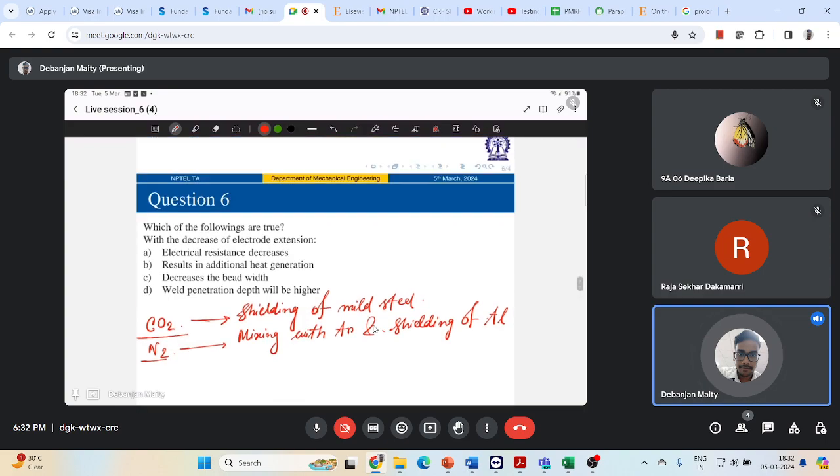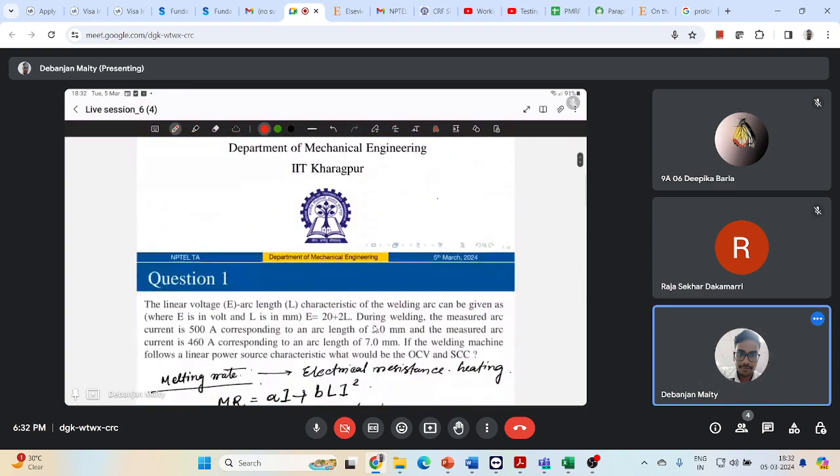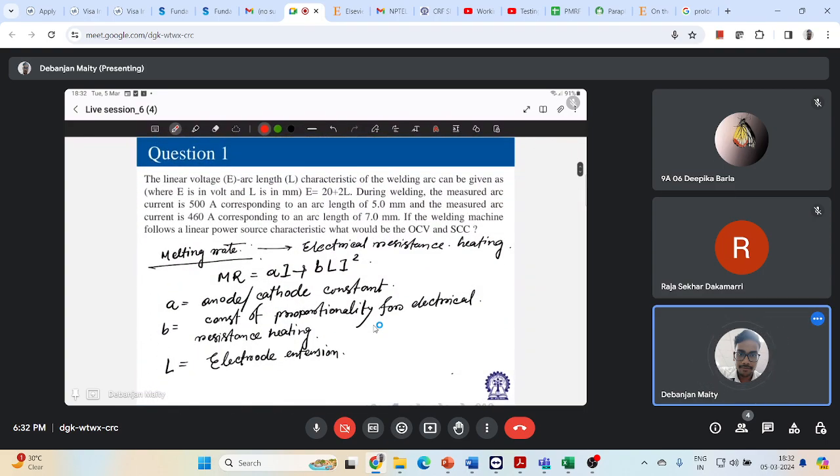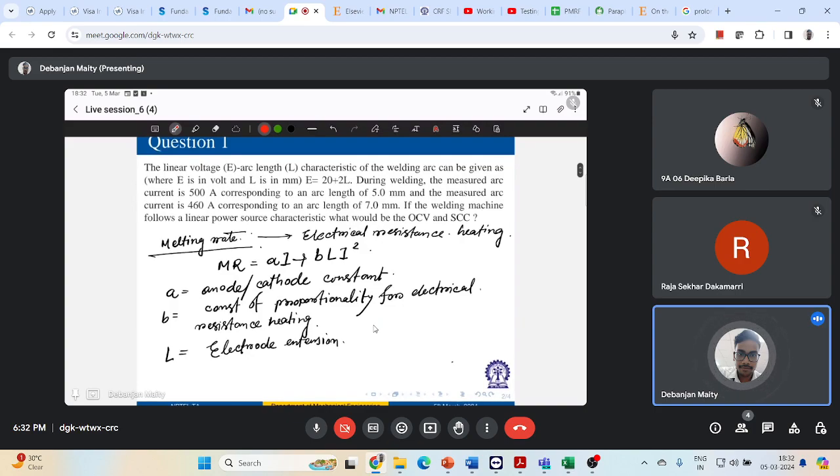Okay, how about doing some numericals now? We have talked till now about metal deposition rate, different aspects of metal deposition rate, the effect of voltage and current, the effect of different gas shielding, and the effect of polarity on your metal deposition rate. Let us move to the numerical aspect, where we will talk about heat transfer efficiency and melting efficiency.